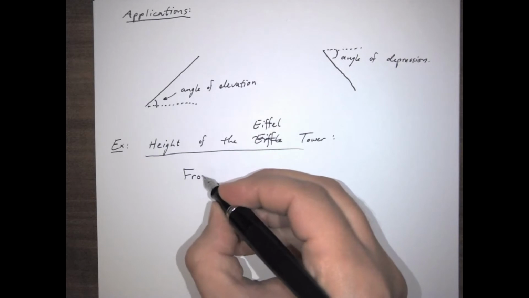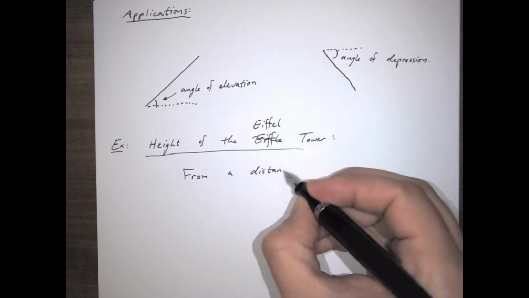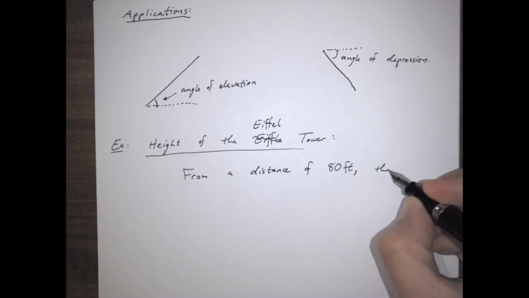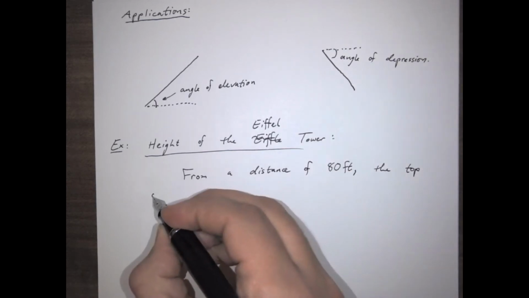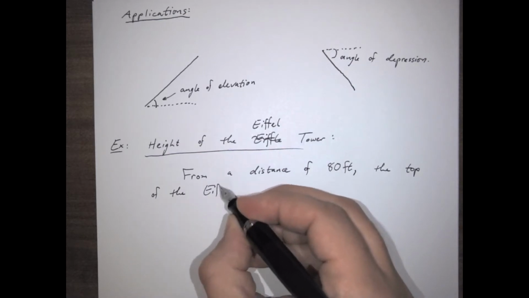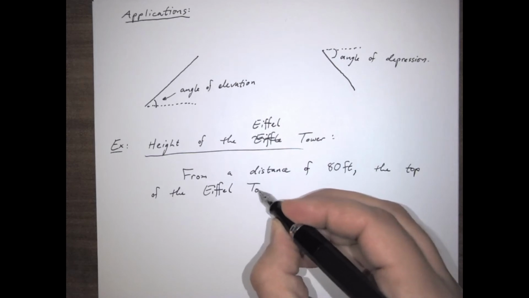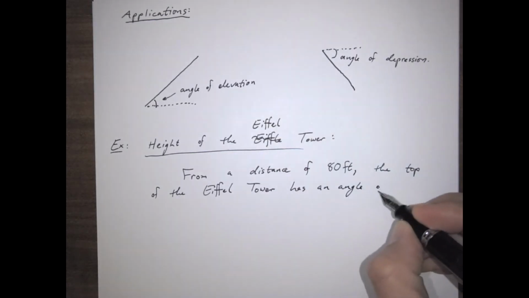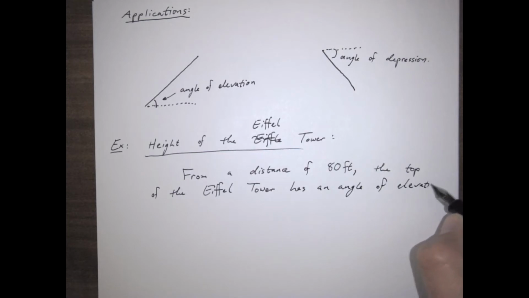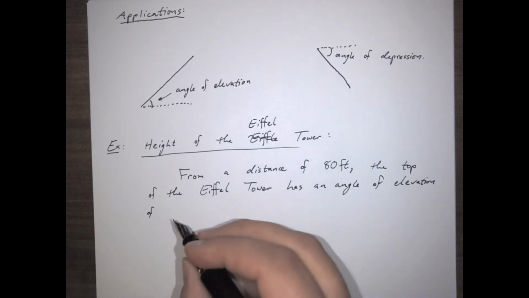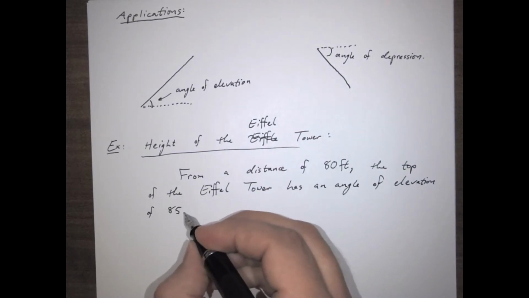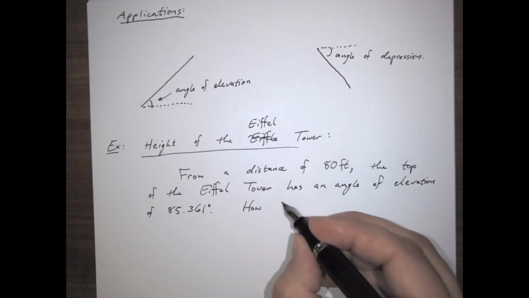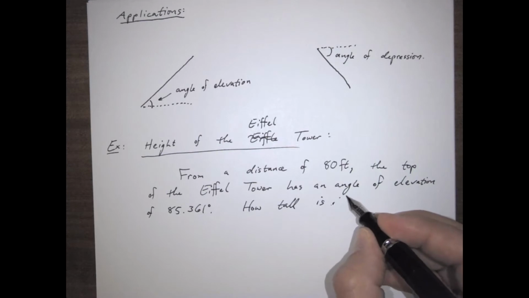So from a distance of 80 feet, the top of the Eiffel Tower has an angle of elevation of 85.361 degrees. How tall is it?